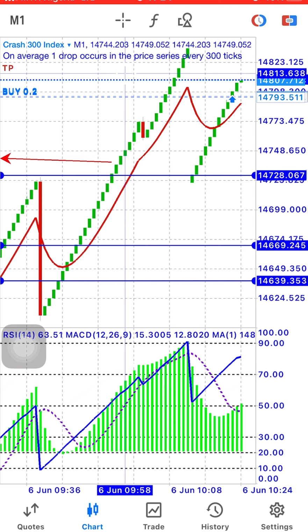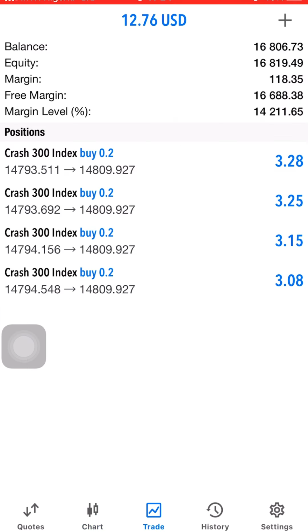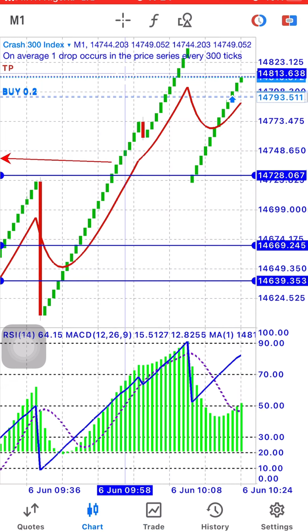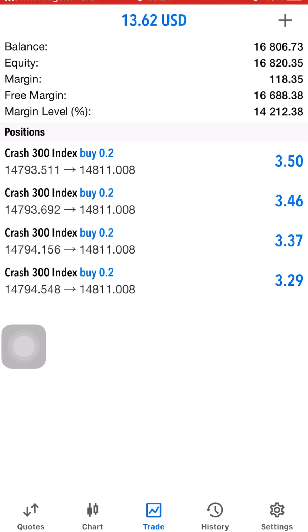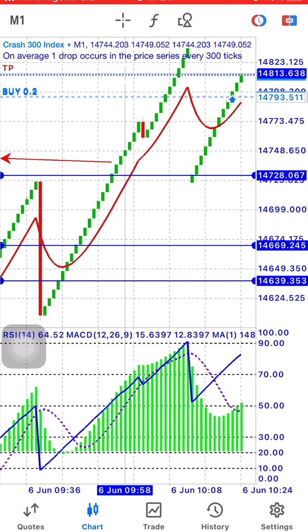So use the stuff that I've analyzed so far, your trend lines, and use your TP when necessary, and use all these things to milk the market. As you can see, this is 0.2 on crash 300, and once it gets to the TP now, it will eat the TP, it will just take the profit by itself.